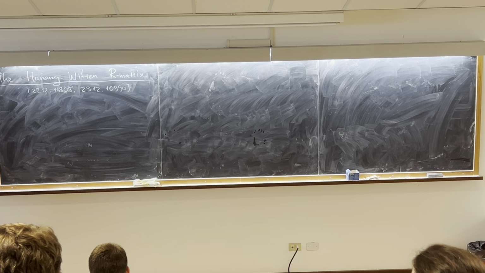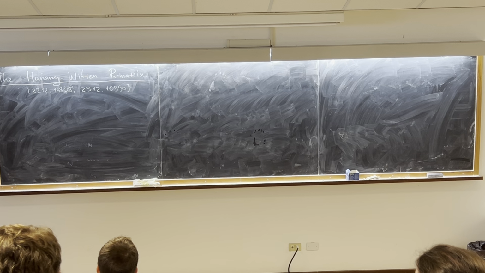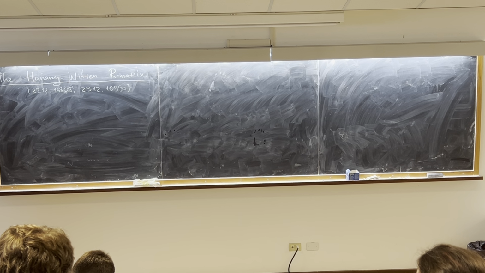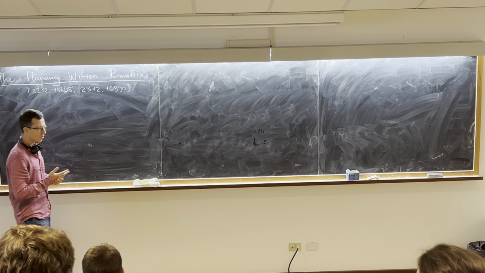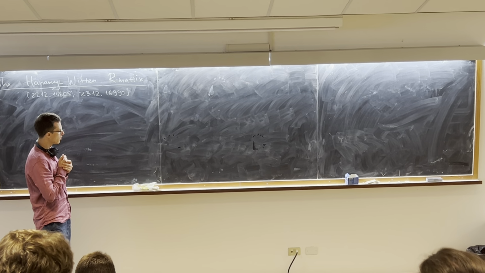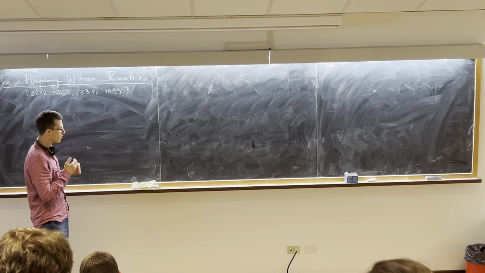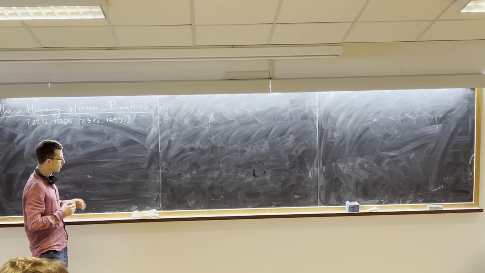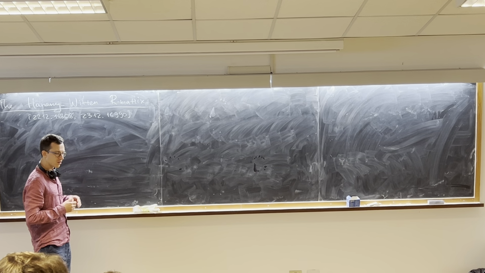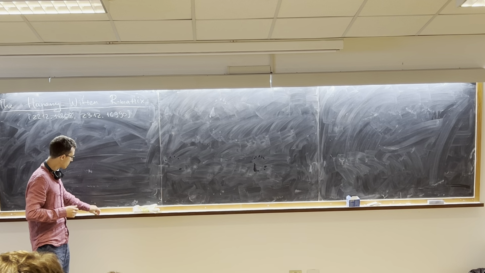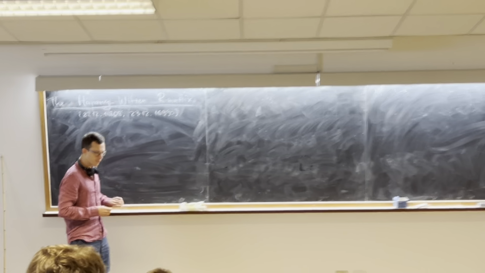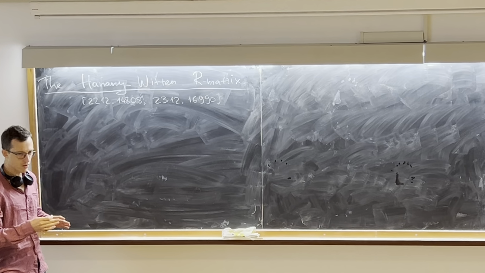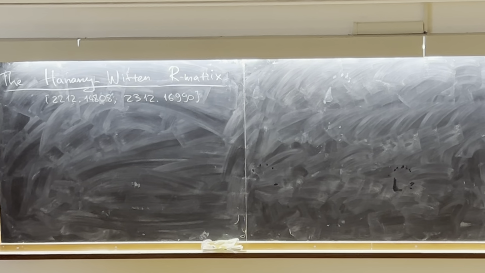So I will describe a certain algebraic construction, which has to do with brane webs and brane backgrounds in string theory. Let me start with some physical part, and then I'll switch to the algebraic part.